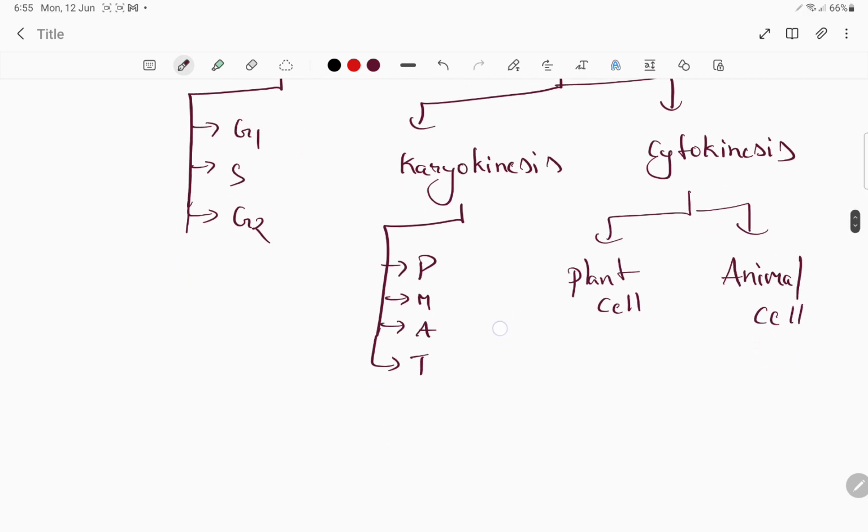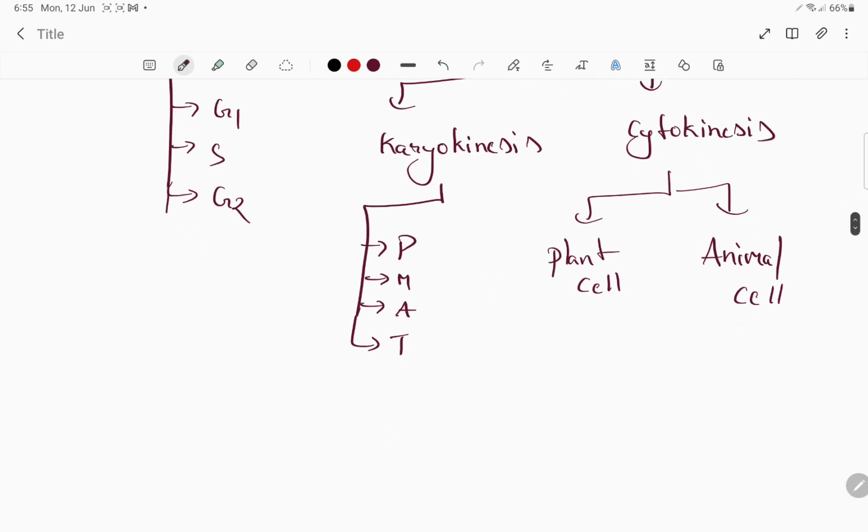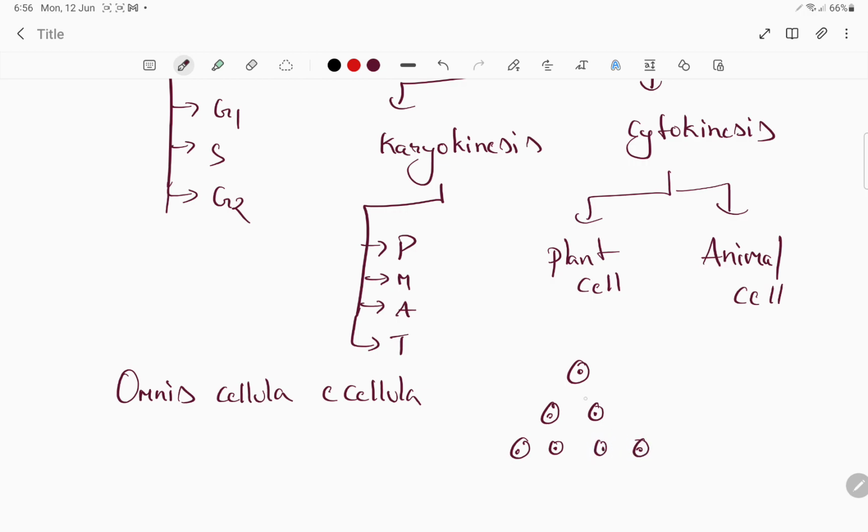When a eukaryotic cell is created from pre-existing cells, omnis cellula e cellula. The cell later divides into two cells, and each daughter cell will repeat again and again. One cell will form two cells, and two cells will form four cells. So by dividing, the cells are actually multiplying.